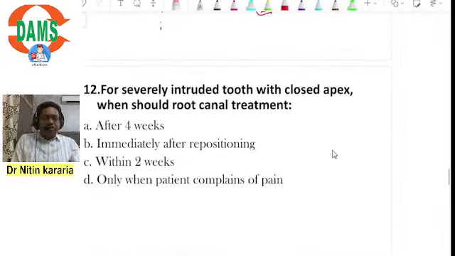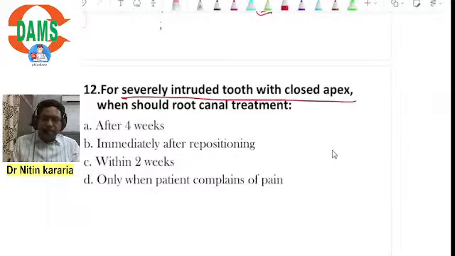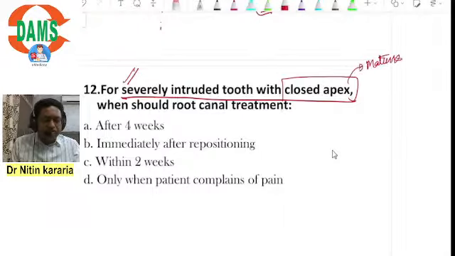Next question. For severely intruded tooth with closed apex, again a question related to endodontic traumatology. Tooth intrusion, the most severe form of what? Intrusion or luxation injuries. With a closed apex means a mature tooth is there. When should the root canal treatment be done?